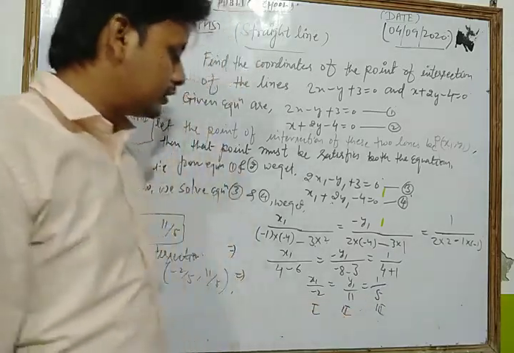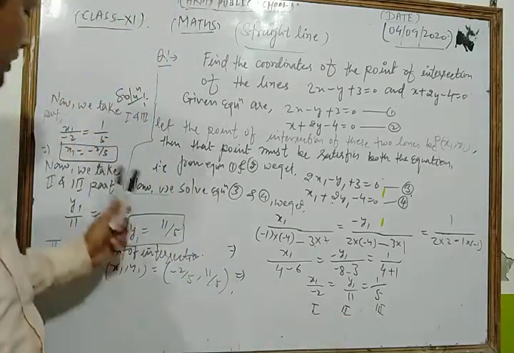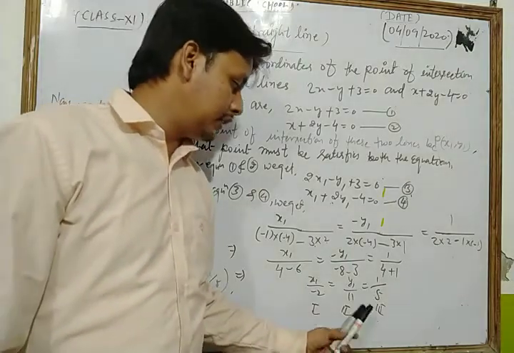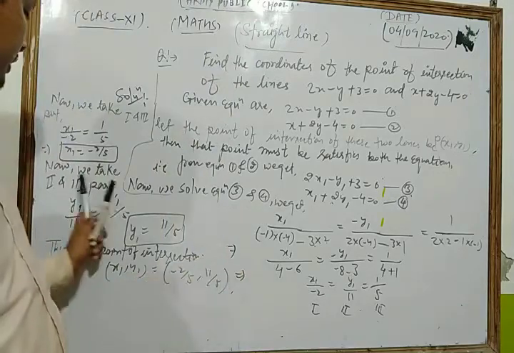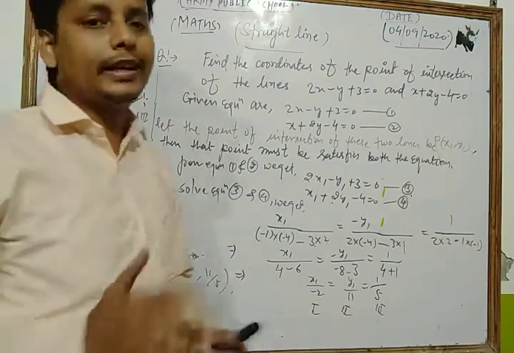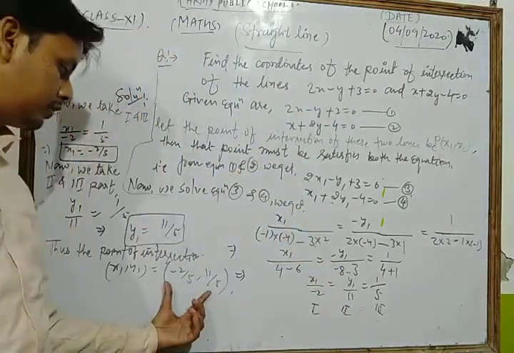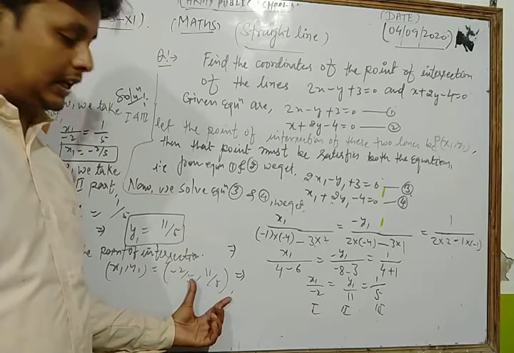From this relation we take the first and third to get x1 as minus 2 upon 5, and the second and third to get y1 as 11 by 5. So the point of intersection of these two lines is minus 2 upon 5, comma 11 upon 5.